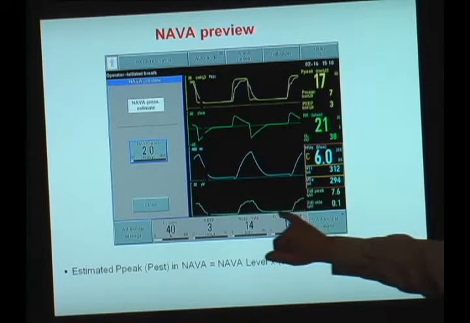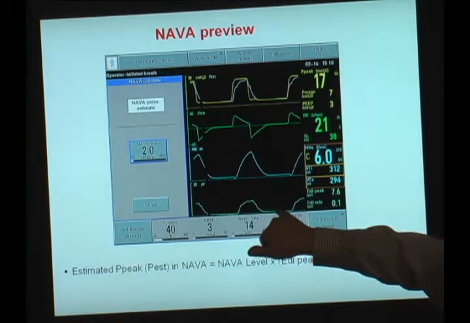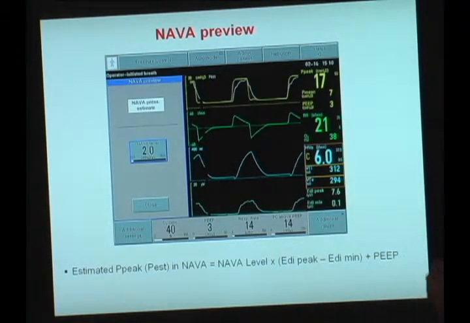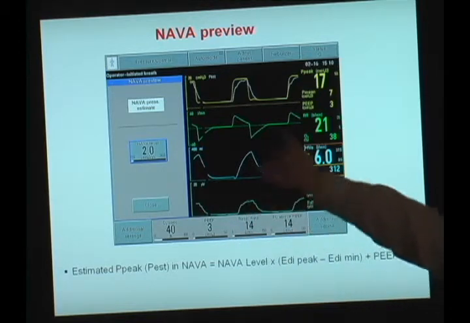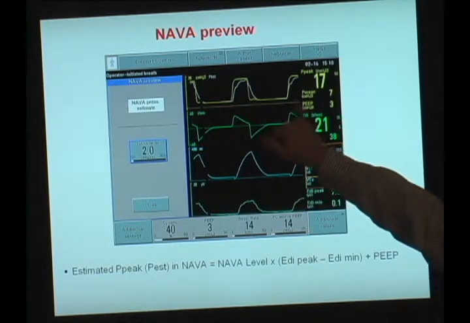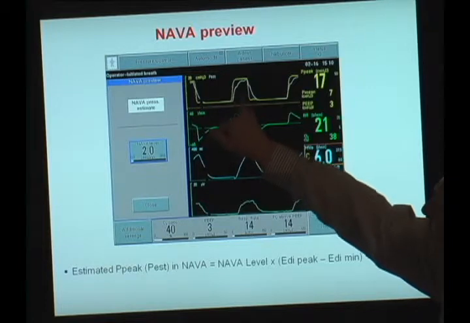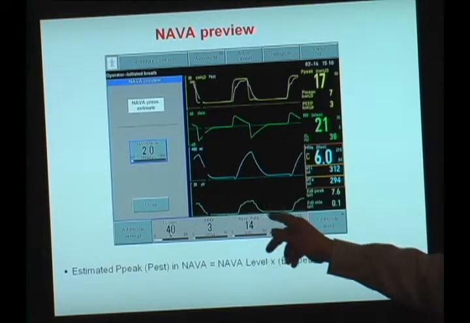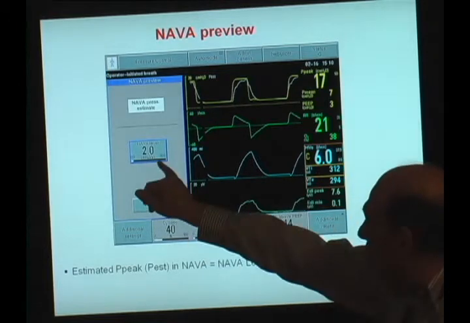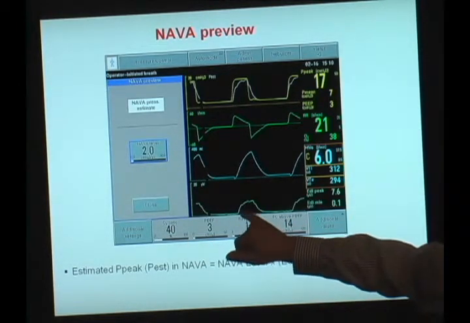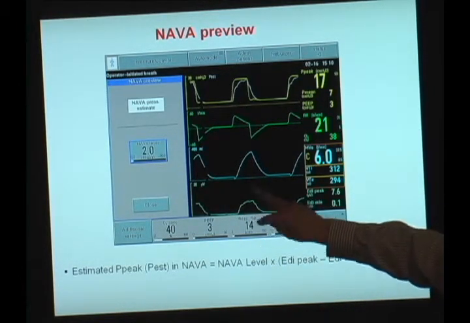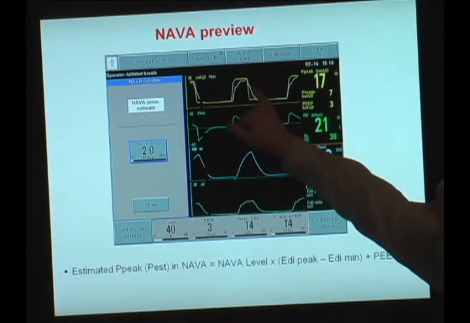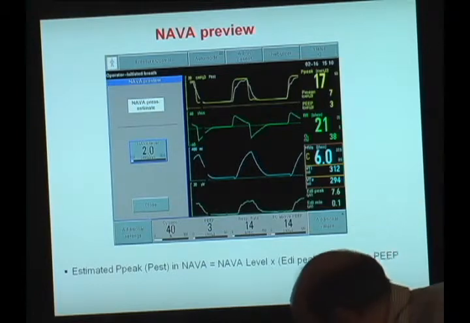That means that on this curve we have to apply a gain that should be almost equal to the level of the previous pressure applied to the patient. The gain is, in this case, 2 times, so this curve is multiplied by 2, it is doubled, and we arrive at this value of pressure.